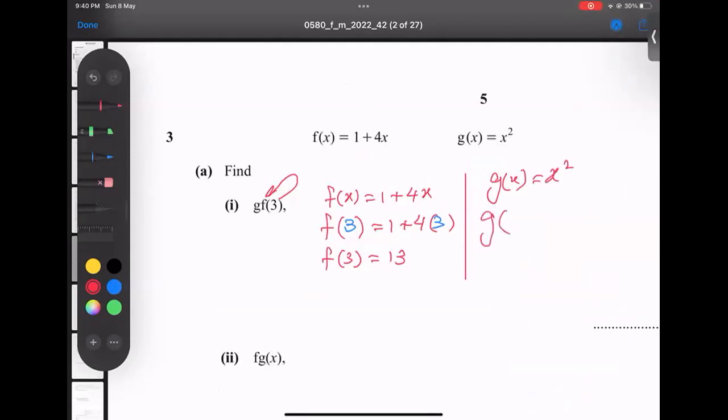Then you have empty spaces on both sides. The name is copied here and the value copied here. I'm copying f of 3 here and 13 here. And if we check it, the answer becomes g of f of 3 equal to 169.